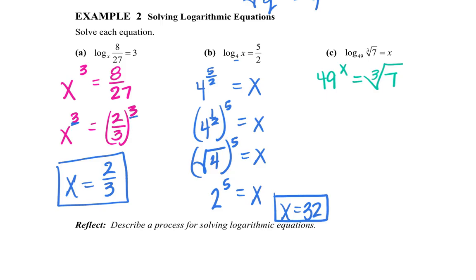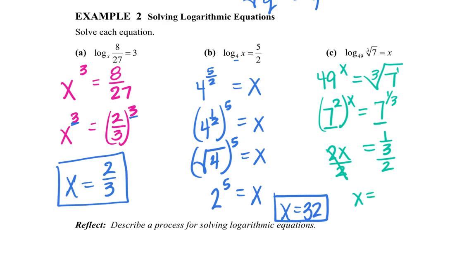So what I know is 49 is really 7 squared to the x, and this is really 7 to the 1/3. So now these two have the same base. So now I know that 2x is equal to 1/3. So if I divide both sides by 2, I get that x equals 1/6.